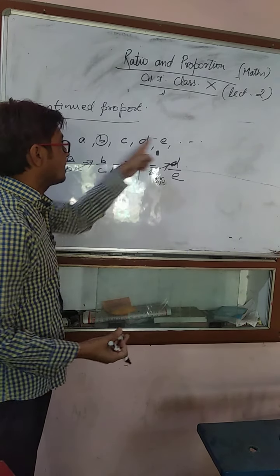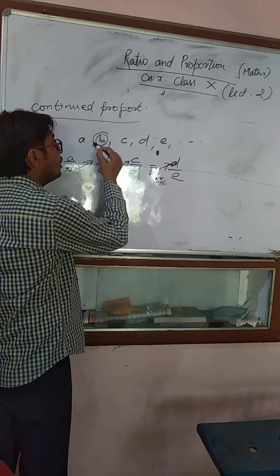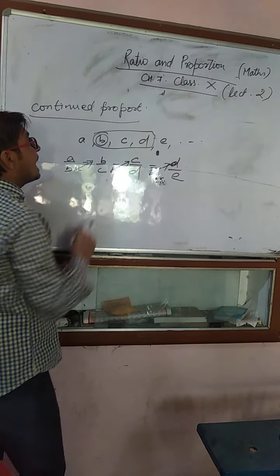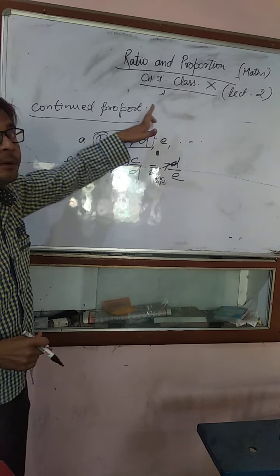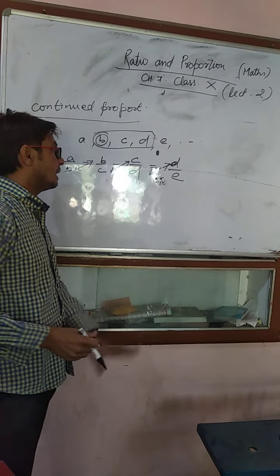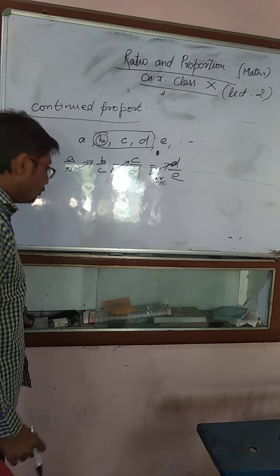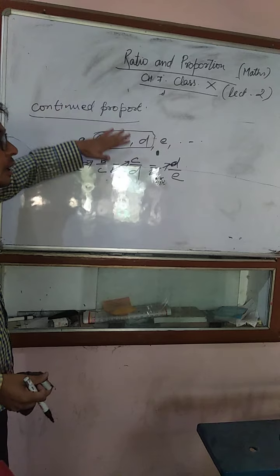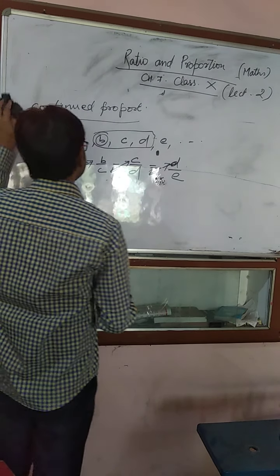Leave the first and last and repeat all the middle ones. That is known as continued proportion. Clear? That is known as continued proportion, and this is all about proportion.